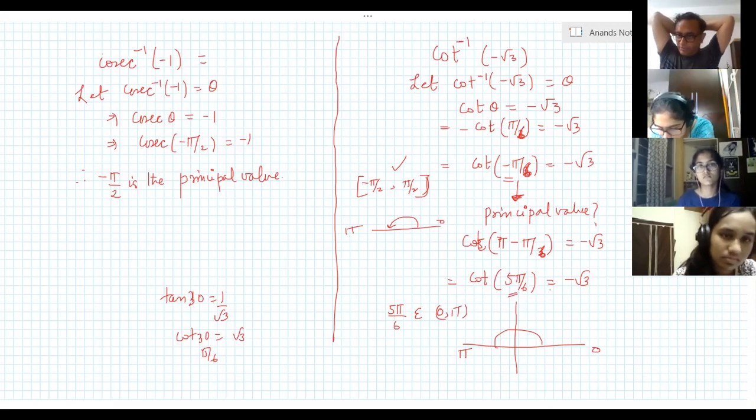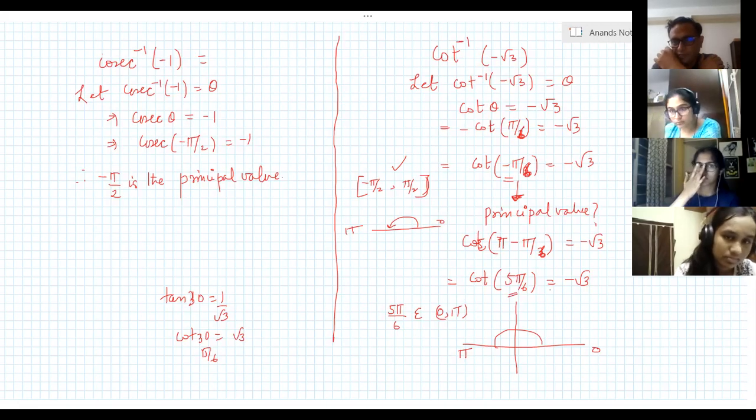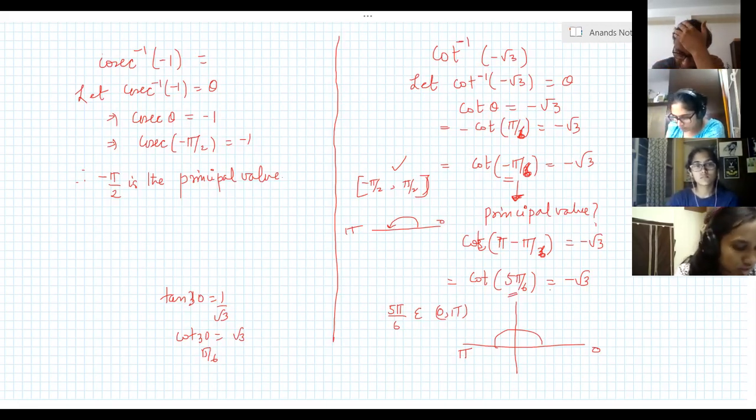Maria, are you able to understand now? Yes, sir. You have multiple angles which will give you the same value, but you have to choose that which is in the domain of the function, as per the definition for these.